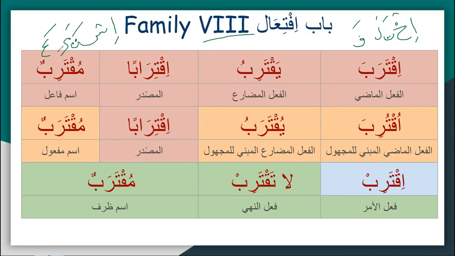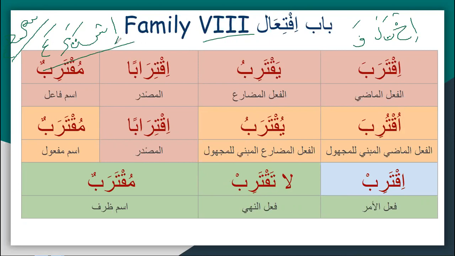Istima' means to listen carefully. Sami'a means listen. Istama'a has the same root, sin, mim, ain, but in this family it gives more emphasis: to listen carefully.